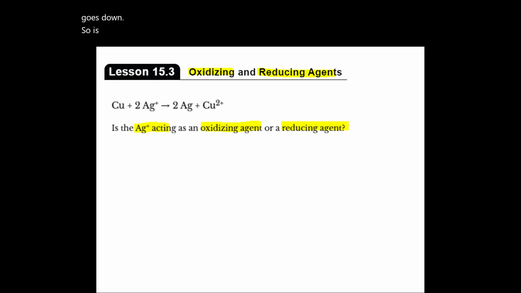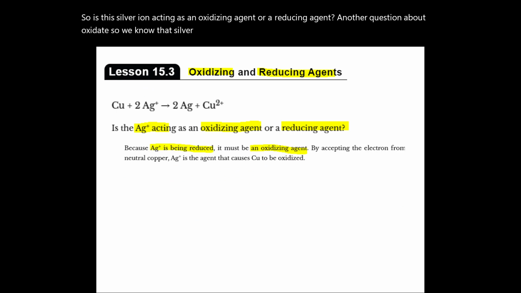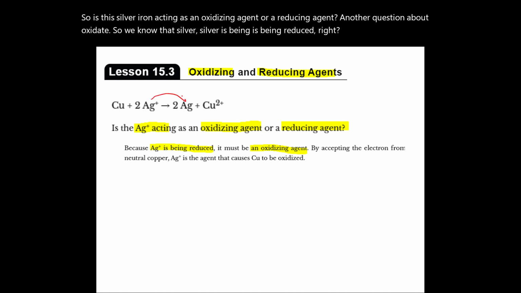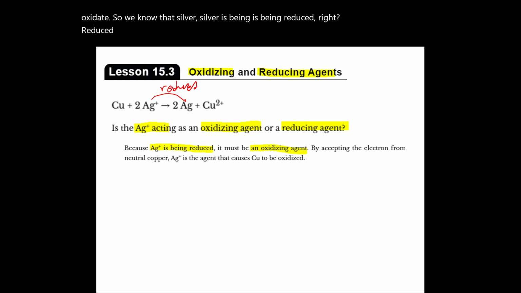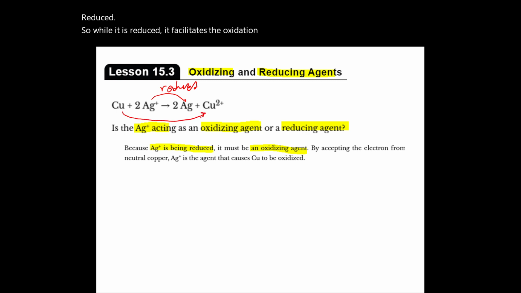So is the silver ion acting as an oxidizing agent or a reducing agent? Another question about oxidation. So we know that silver is being reduced, right? So while it is reduced, it facilitates the oxidation of copper from 0 to 2+, right?